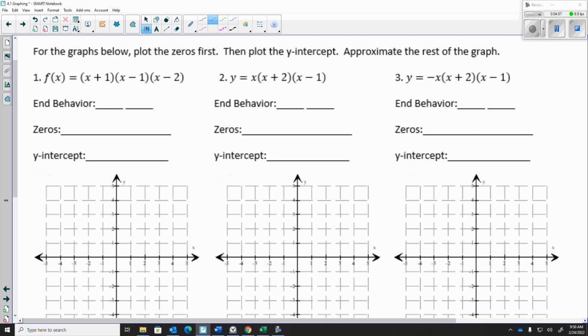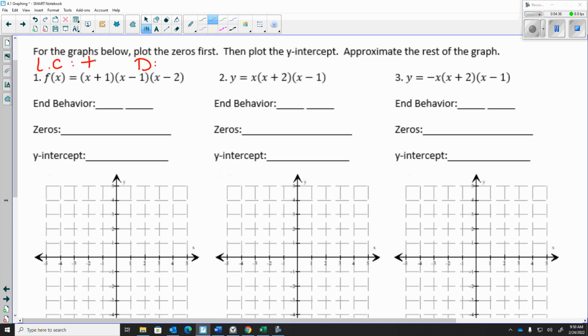All right, end behavior. So to find the end behavior, remember you need two things. You need the sign of the leading coefficient, and you need the degree. So to find the sign of the leading coefficient, basically all you need to ask yourself is, is there a negative sign in front of this thing? No, there's not a negative sign in front. That means the leading coefficient is positive.